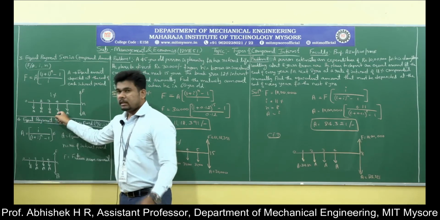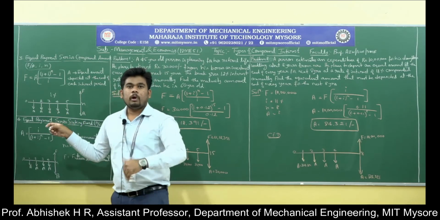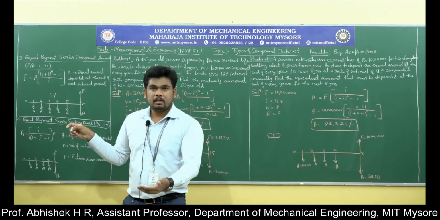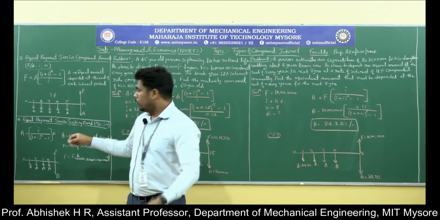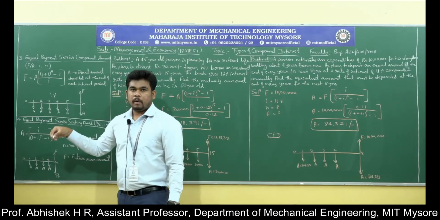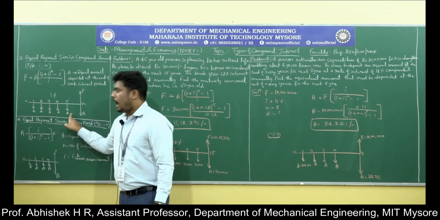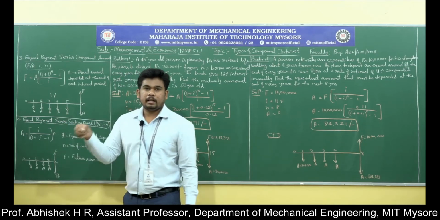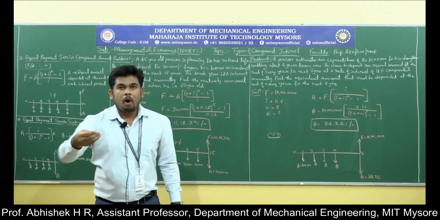So that means cash outflow. You are depositing means you are investing means cash outflow. So that's why I have shown the downward arrow mark. Downward arrow mark represents the cash outflow.